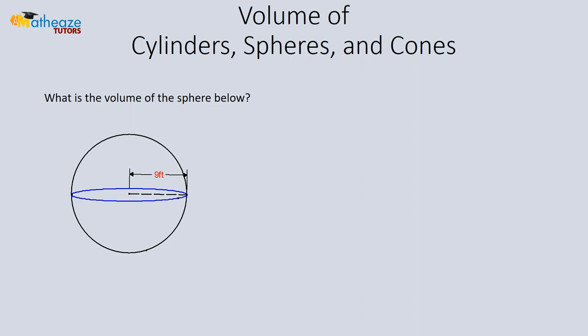So let's look at this sphere, and we're going to try to find the volume of the sphere. So V is 4/3 pi r cubed, which is going to be equal to 4/3 pi times 9 cubed, which is 4/3 pi times 9 times 9 times 9.